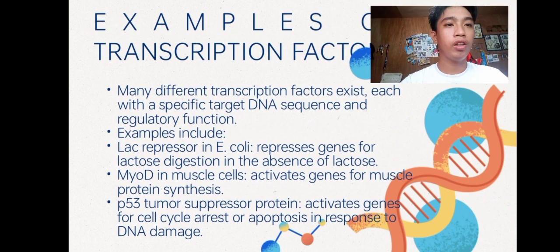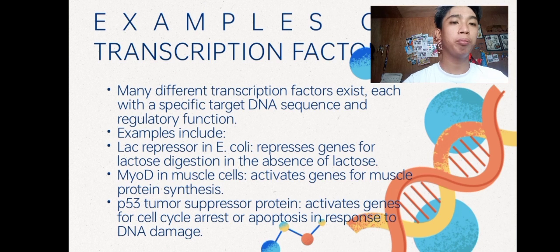So we have here some examples of transcription factors. Many different transcription factors exist, each with a specific target DNA sequence and regulatory function. Some examples include the LAC repressor in E. coli, which represses genes for lactose digestion in the absence of lactose.